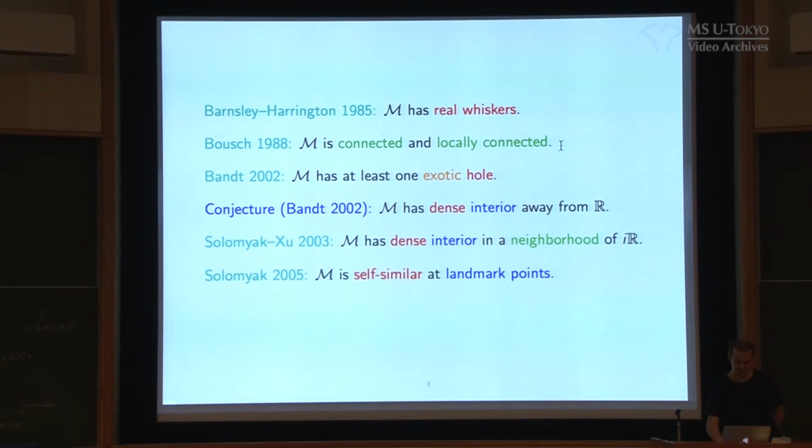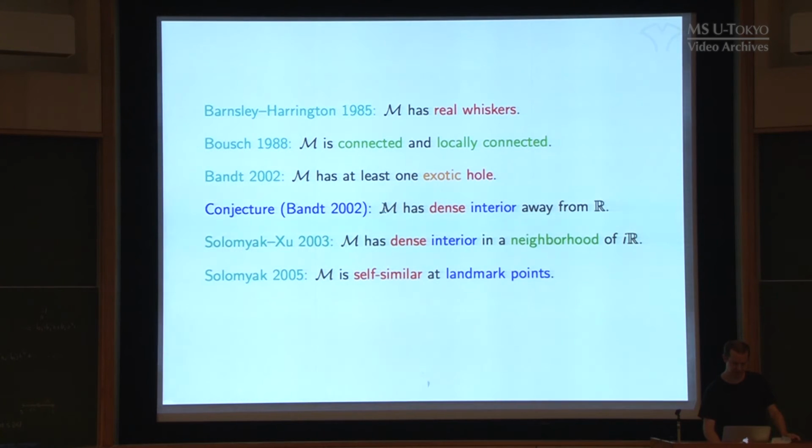But one of the things that obstructed him was that he didn't really have good tools for finding interior points in M. It looked to him as though M was pretty solid, but occasionally had a few little holes in it. Where M appeared to have a lot of interior, it was hard for him to show that there was actually interior.